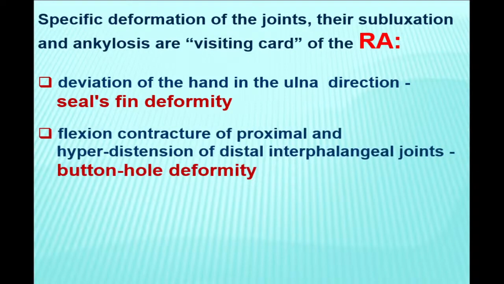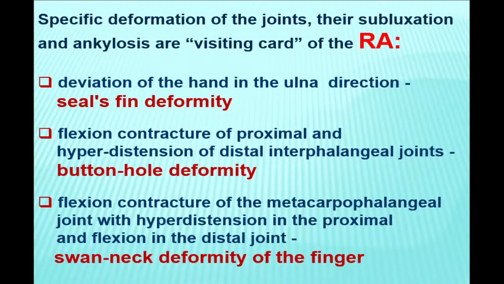Specific flexion contracture of the proximal and hyperextension of the distal interphalangeal joints is buttonhole deformity. Functional activity of these hands is so significantly restricted that the patient cannot brush himself independently, cannot eat independently, cannot take some object and hold it because of such significant deformation.